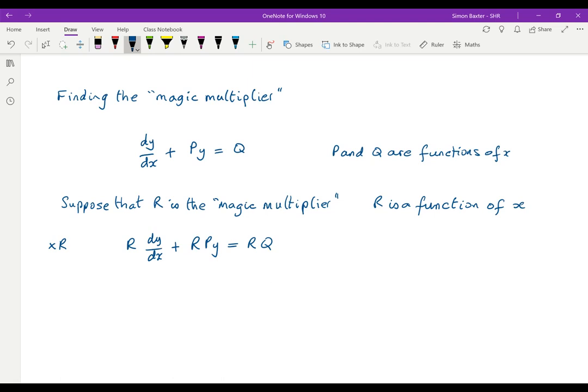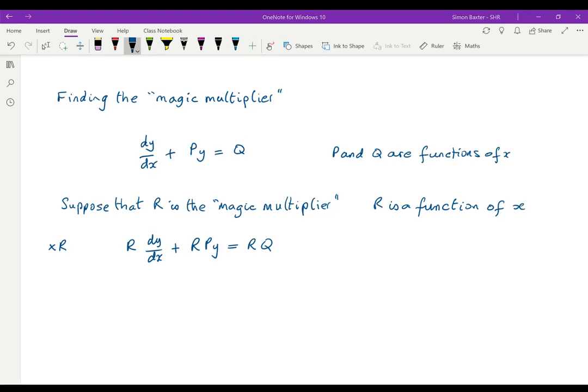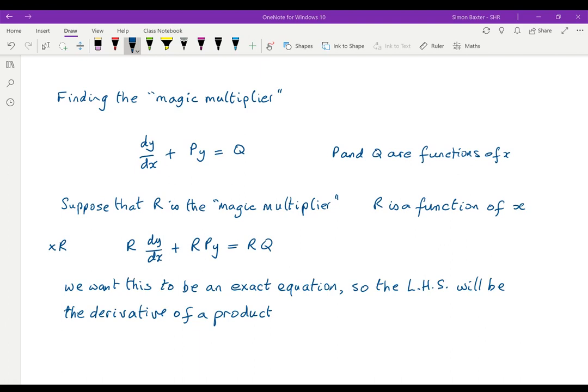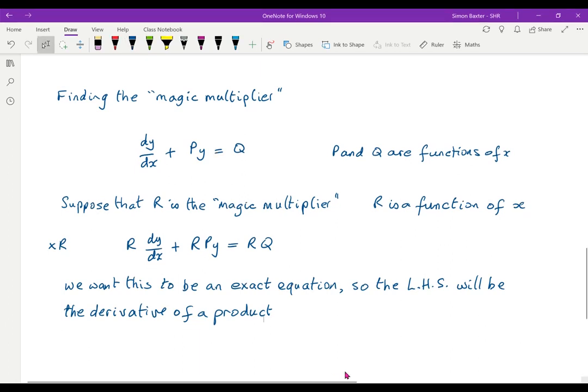Now we want this to be an exact equation. We want the left-hand side to be the derivative of a product. And looking at the first term, r dy by dx, if I want this to be the derivative of a product, I must be starting with d by dx of ry.